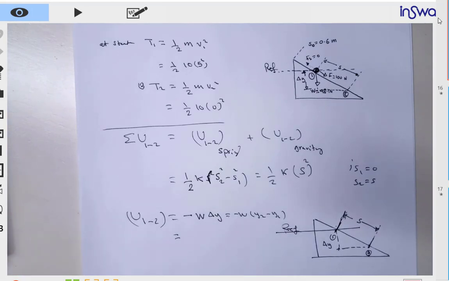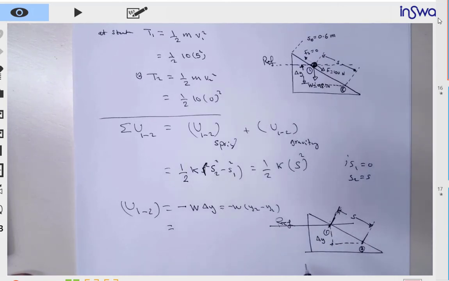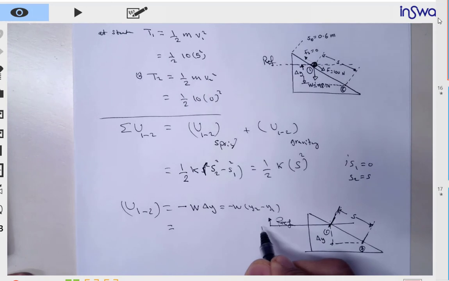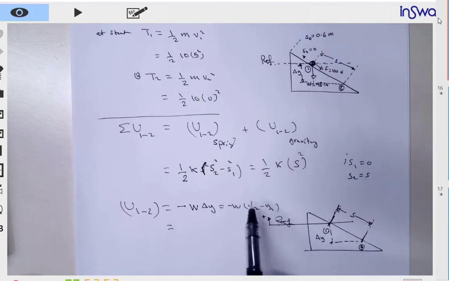And this is where we double check, because the weight is sliding. You don't need any external force to slide it. By the way, when you deal with weight, positive is always upward. So y2 minus y1 is negative y2 minus negative y1, where negative y2 is less than negative y1, so therefore this is going to be positive.